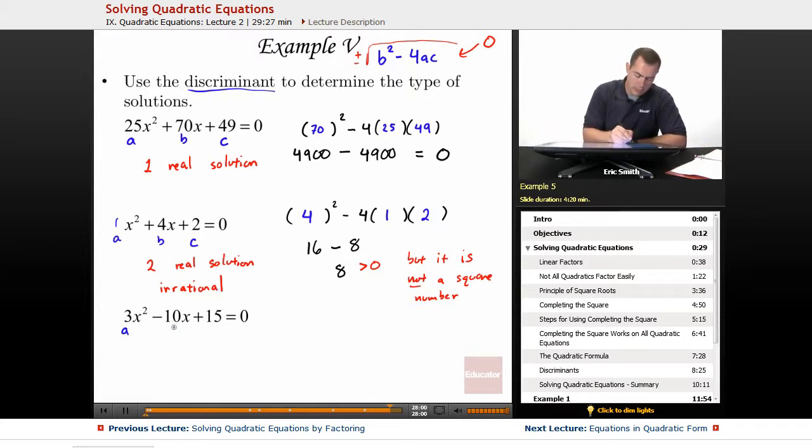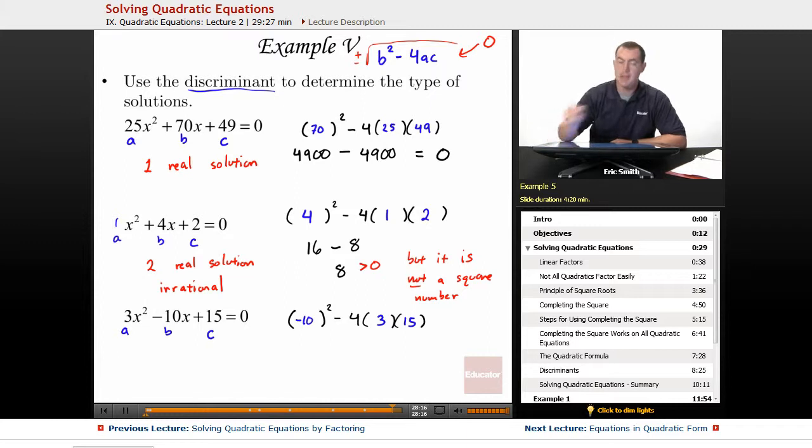I'll identify A, B, and C. And we'll put that into our discriminant. So B squared minus 4 times A times C. All right, now it's time to crunch it all down. Negative 10 squared is 100. And then I have negative 4 times 3 times 15. So what is that?